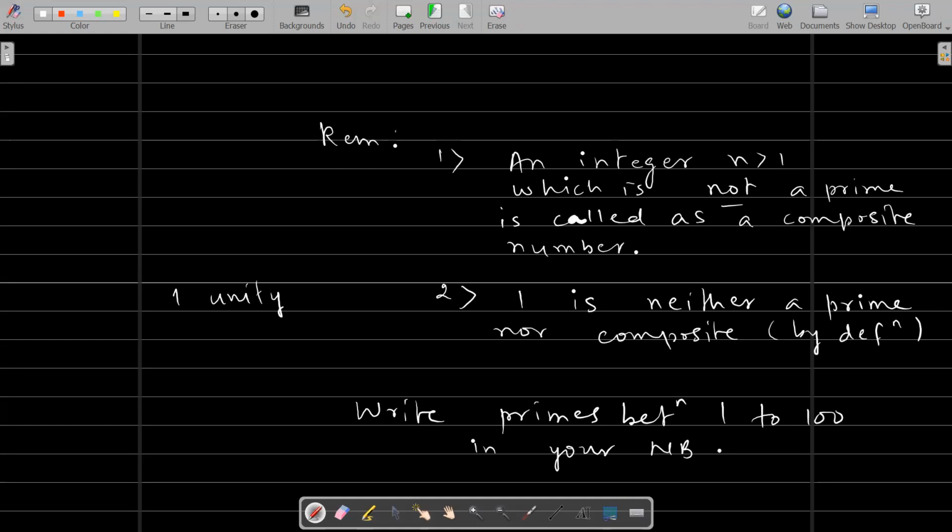Classically, all these things were developed by people before Euclid, like Pythagoras and so on. In those days, they were not dealing with negative numbers. By number, they meant only positive integers. So generally, these things are defined for positive numbers.